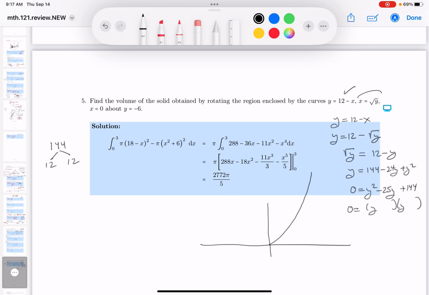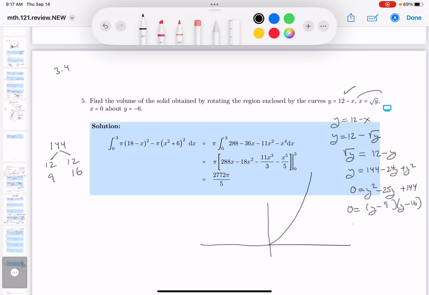I don't know, maybe start to borrow things from the 12. And 12 is really 3 times 4. So I could say, maybe 9 and 16. Because 9 times 16, I borrowed a 3 from each of them and put it together, and borrowed a 4 from each of them and put them together. 9 times 16 is 144. And that sure does look right, by the way. So we can put down minus 9, minus 16.